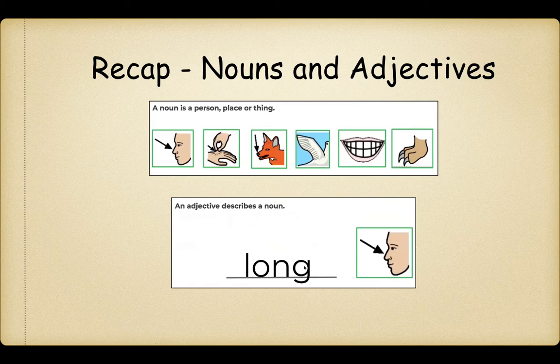An adjective describes a word. So we sometimes say an adjective is a describing word. So we can describe this person's nose. Their nose is long. So we can therefore say long nose. We could say things like white teeth, or large wings, sharp claws.